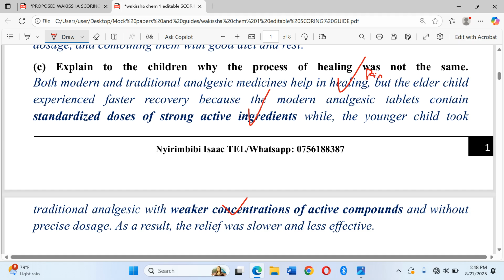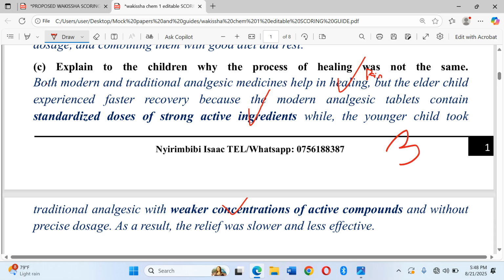You recall, in those traditions, you prepare your extract from lemon, from what, and then you take. The dosage is not clear. Maybe this child took an underdose. Are you seeing that? So it has no precise dosage. So as a result, the relief was slower and less effective.